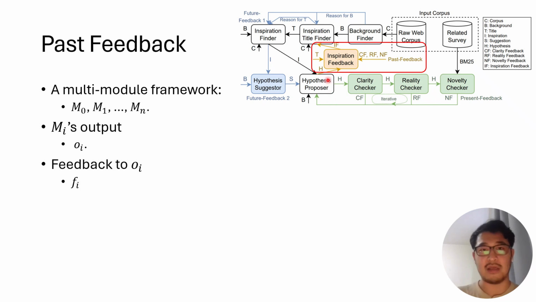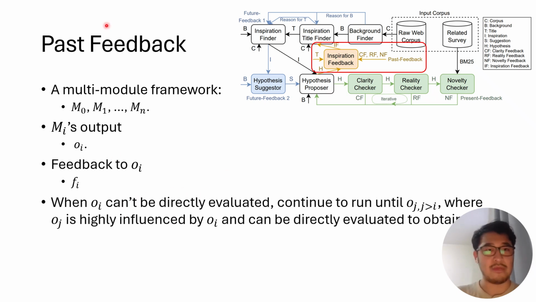But for some intermediate generations, for example the inspiration, it's very hard to directly evaluate it. For example, say the framework has chosen the inspiration as herding effect. Then how can we understand its quality? The key question is, we cannot evaluate whether it's a good inspiration until we know what hypothesis this inspiration can lead to.